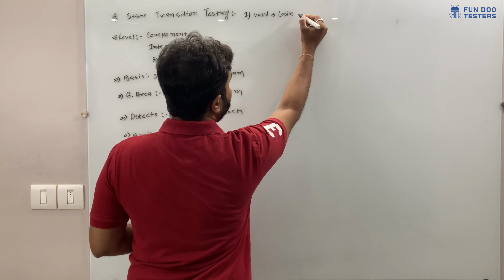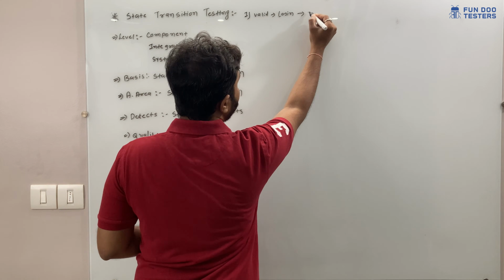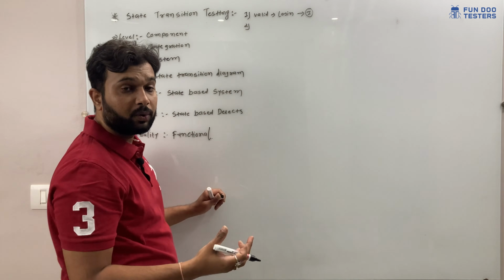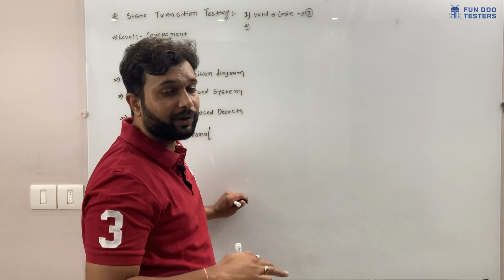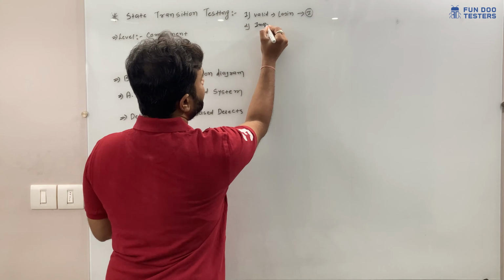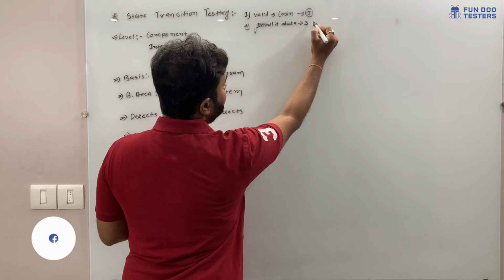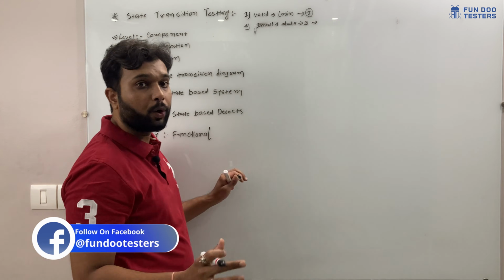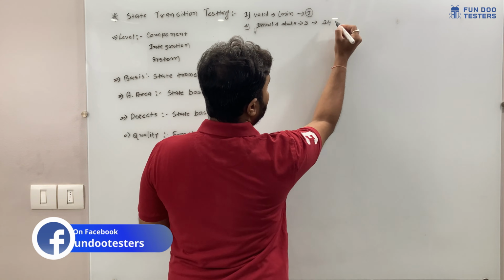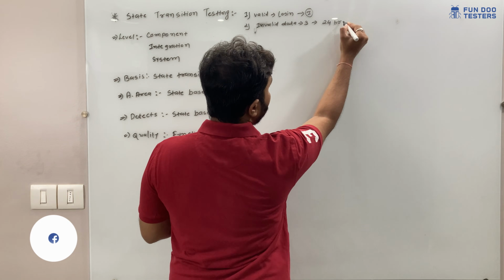This is one state of the application. Now the second state is, if I enter an invalid password or invalid username 3 times, invalid data 3 times, then the application will block me for 24 hours. So here it is a different state.